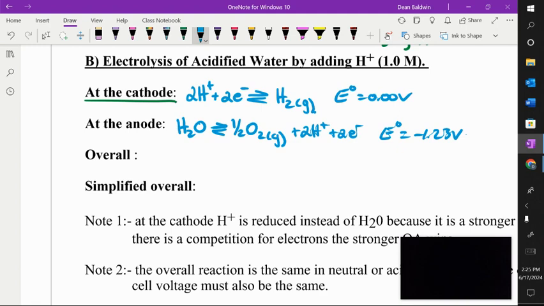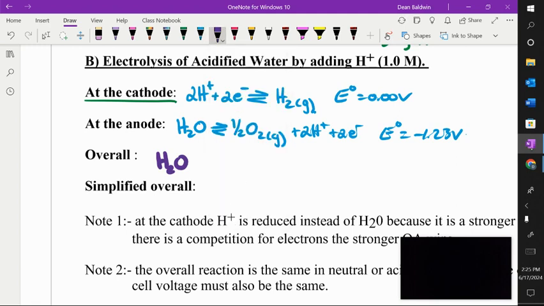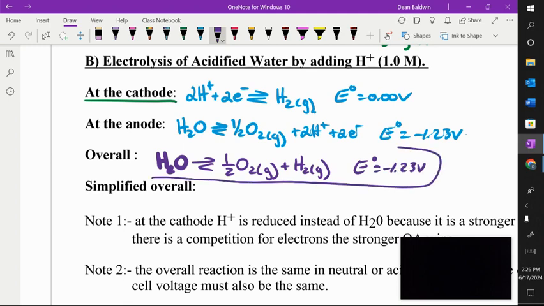Okay, if you add those together and simplify, you get this reaction.